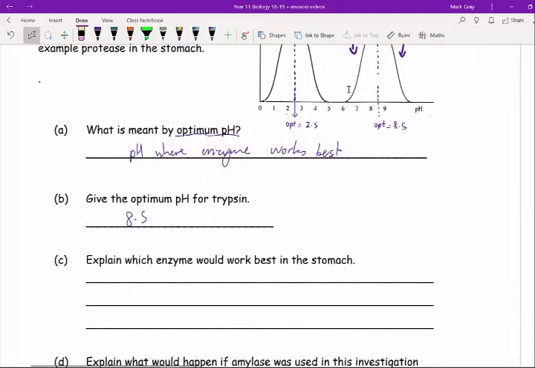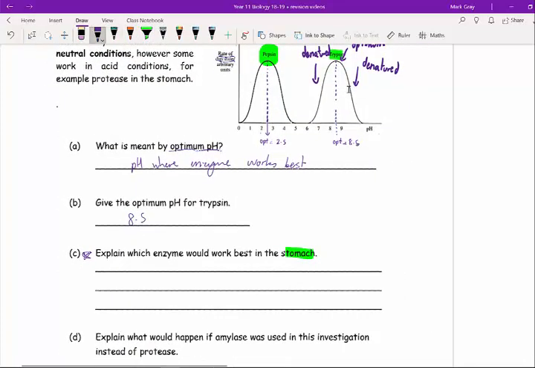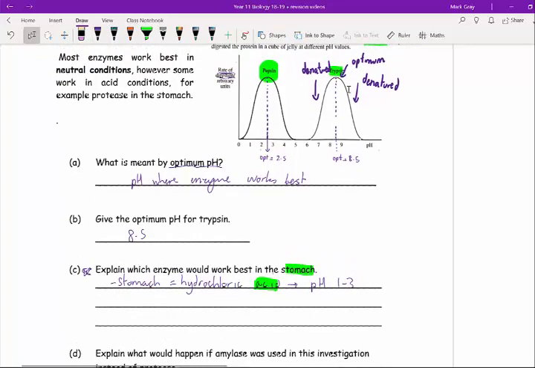Now, this one caused us a lot of problems whenever we were doing this in class. Which enzyme works best in the stomach? Now, in the stomach, there is hydrochloric acid. Because it's an acid, it has a low pH of about 1 to 3. Now, if we look at this graph, pepsin will work between pH 1 and 5.